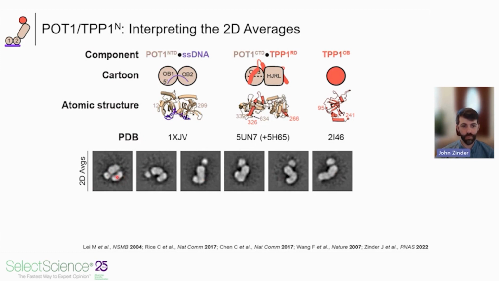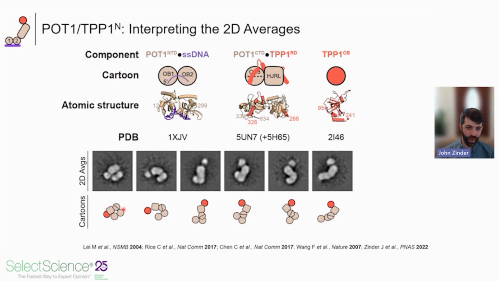So the two lobes of POT1 are doing this sort of opening motion as I've depicted it here. And then the TPP1 OB fold is likewise flexing about its hinge relative to the POT1 C-terminal domains. And we've sort of cartooned our interpretation of this down here.